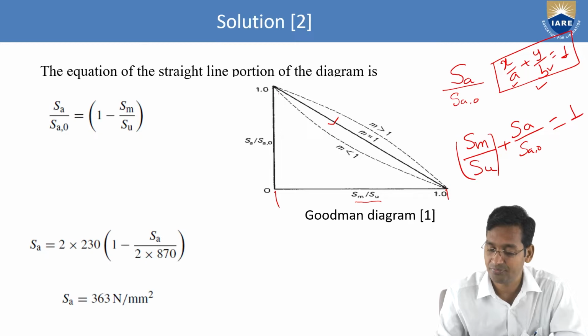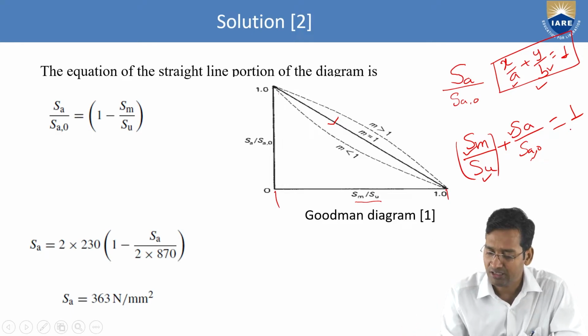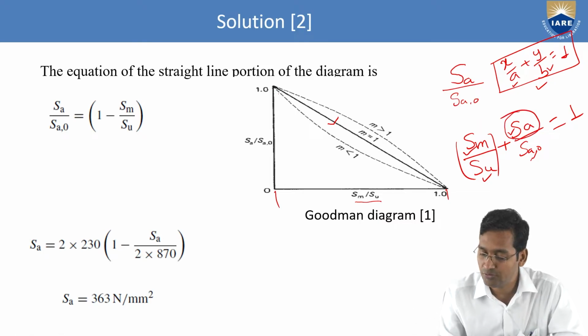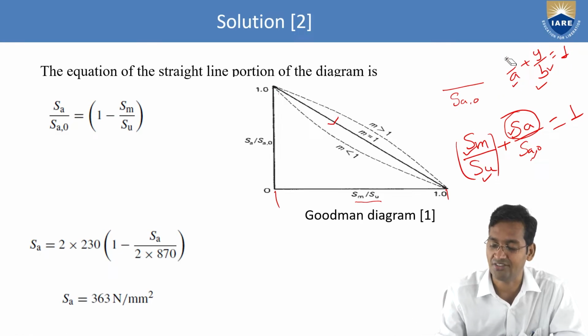So this is the x-intercept term plus the y-intercept term, which must equal 1. Now, what we have to find is Sa, so we keep Sa on this side and take Sm by Su to that side.